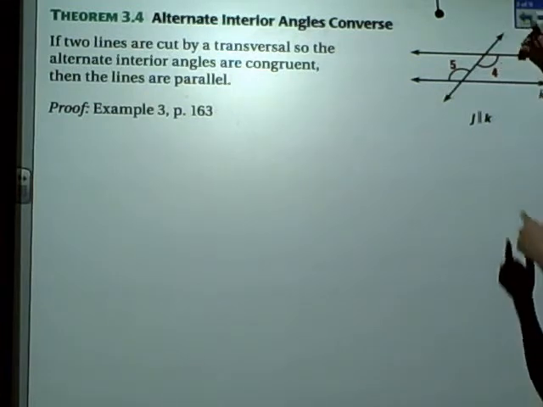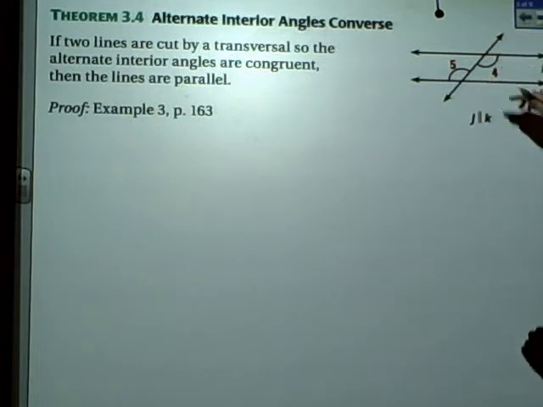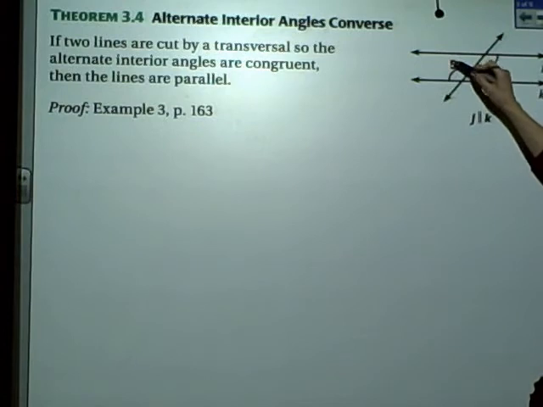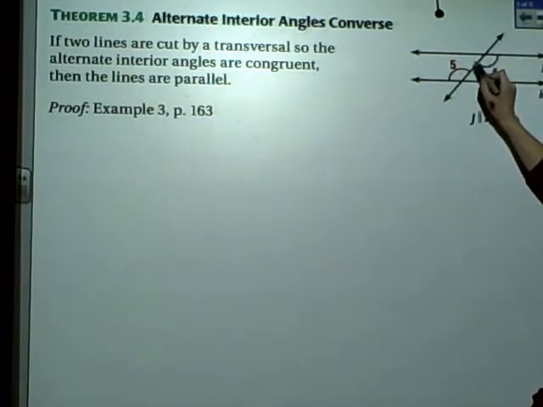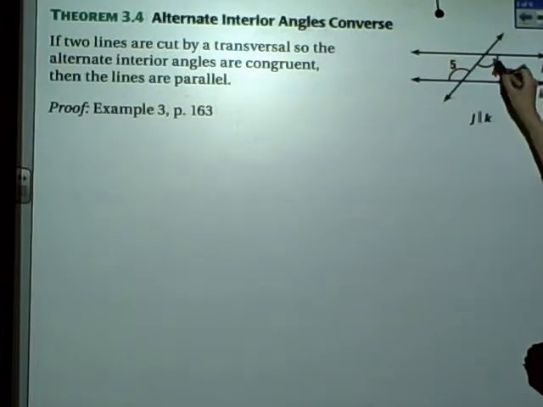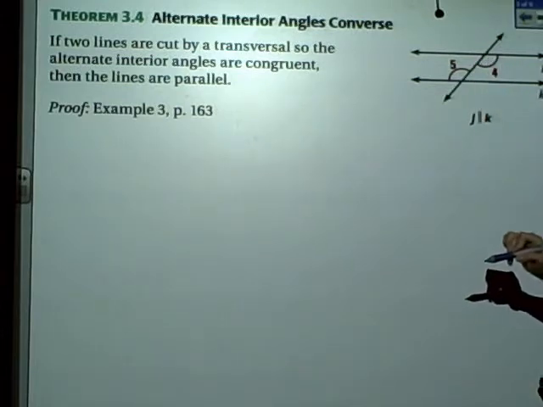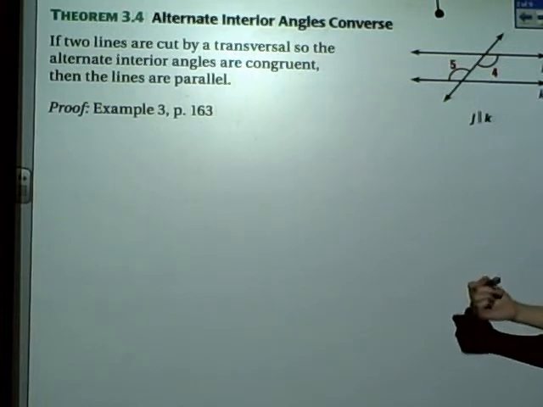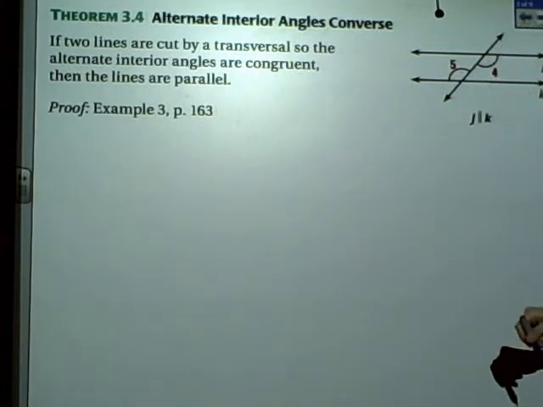Okay, and what that is, it's going to be inside those parallel lines, and we're dealing with angles 4 and 5. Those are inside the parallel lines, and they're opposite each other. Okay, those are alternate interior angles. And this theorem says that if you have alternate interior angles that are congruent, because they're cut by a transversal, then that means our lines are parallel.